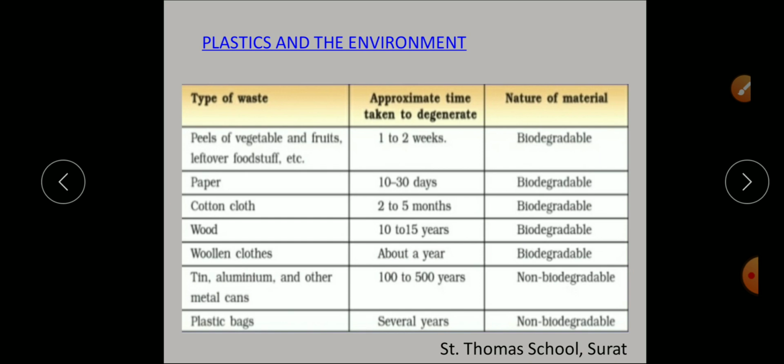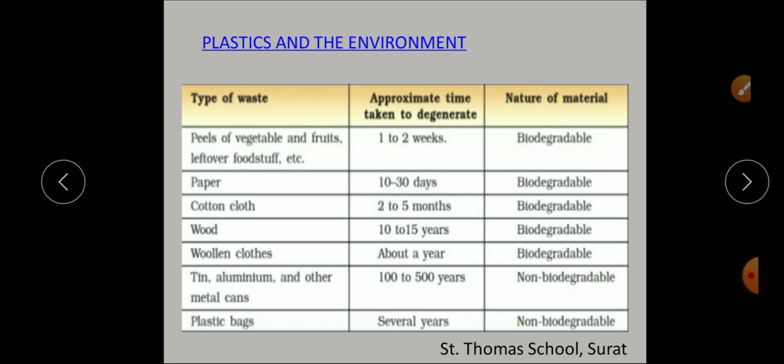Polythene bags, meaning plastic bags, are widely used these days. Whenever we go to the market to buy fruits or vegetables, we usually get them in polythene bags, right? So polythene gets accumulated in our homes, meaning they are gathered together in our homes.